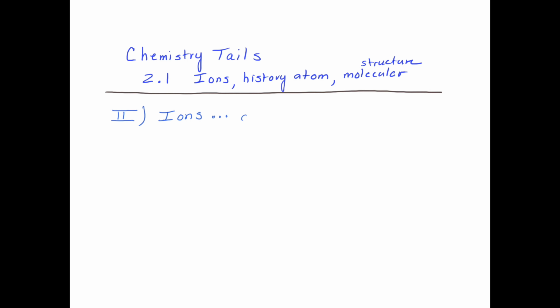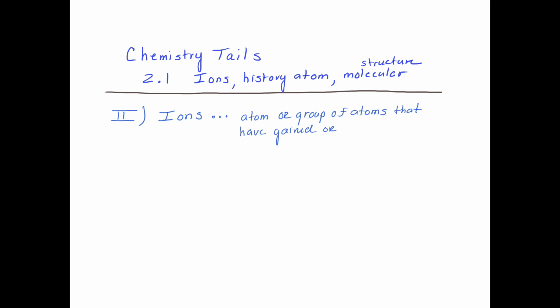Okay, ions are atoms, or possibly a group of atoms that are bonded together, that have either gained or potentially lost one or more electrons.